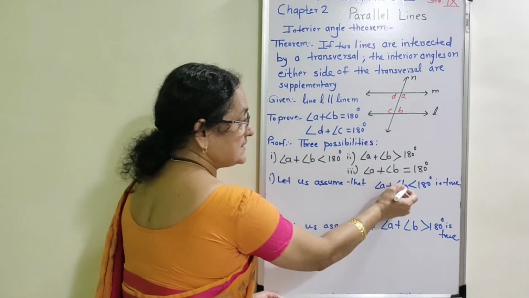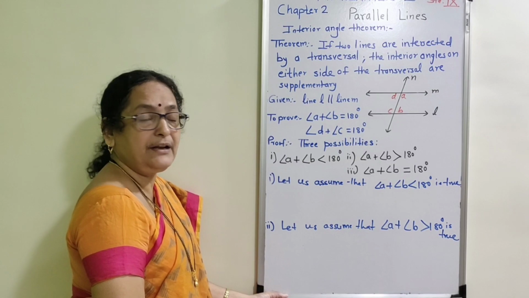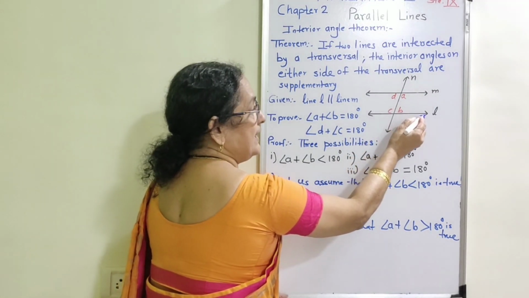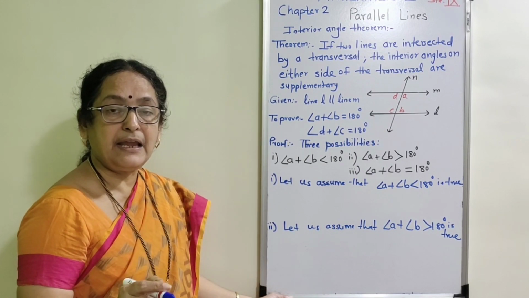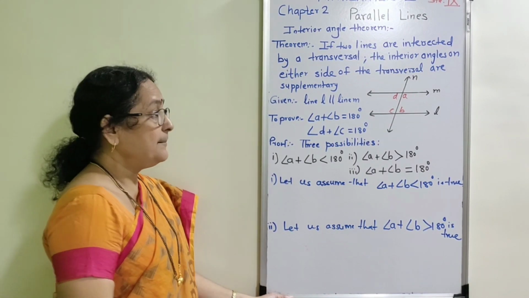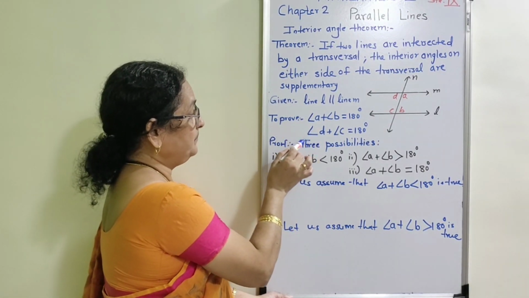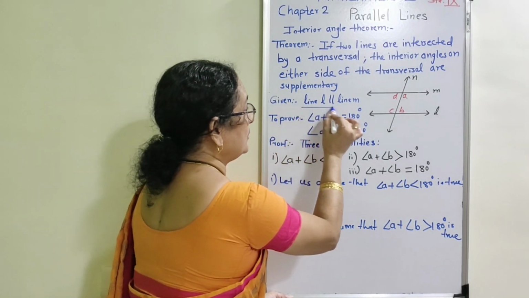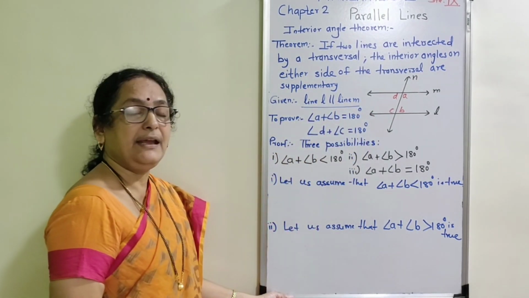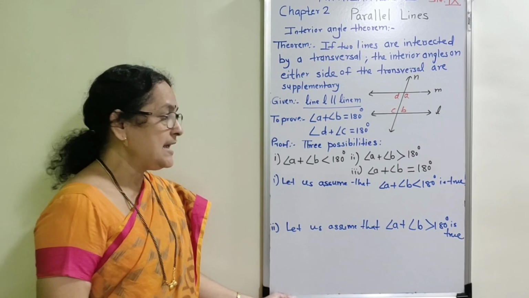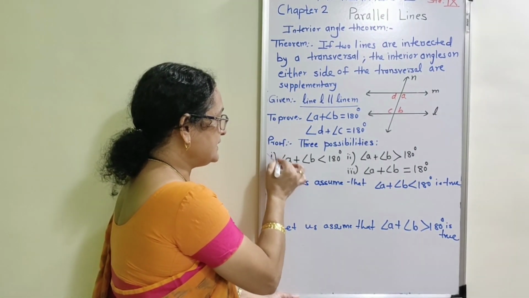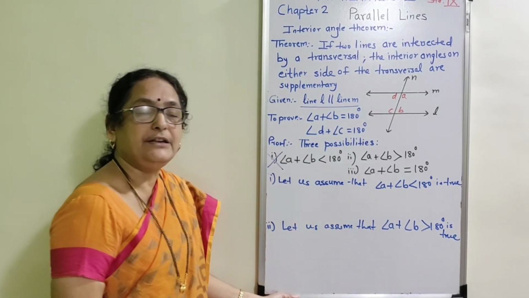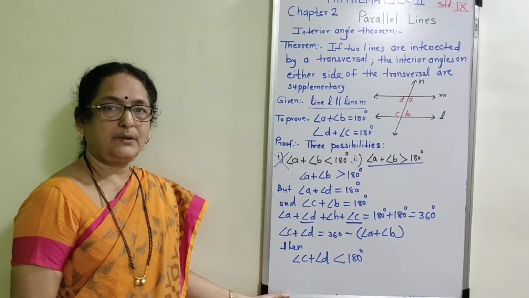Therefore, if this measure is less than 180 degrees, then our conclusion is that line L and line M intersect each other. But this is contradictory, since they have given that L and M are 2 parallel lines, and therefore this first possibility is not true, or it is impossible.